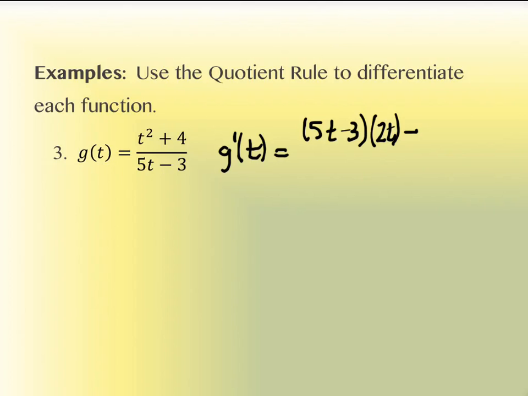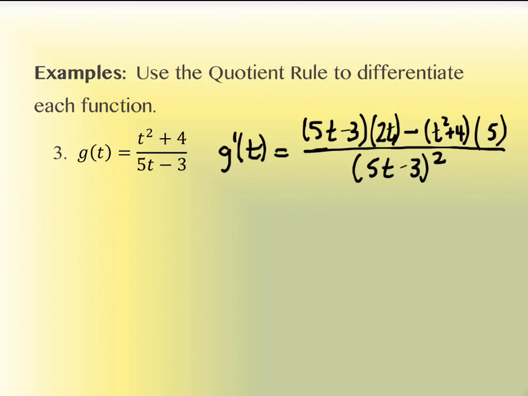And it's subtraction because I'm doing a quotient rule. And then I switch the order of this. So I write the numerator, t squared plus 4, and I multiply that by the derivative of the denominator, which is 5. Very good. All of this is written over the denominator squared.